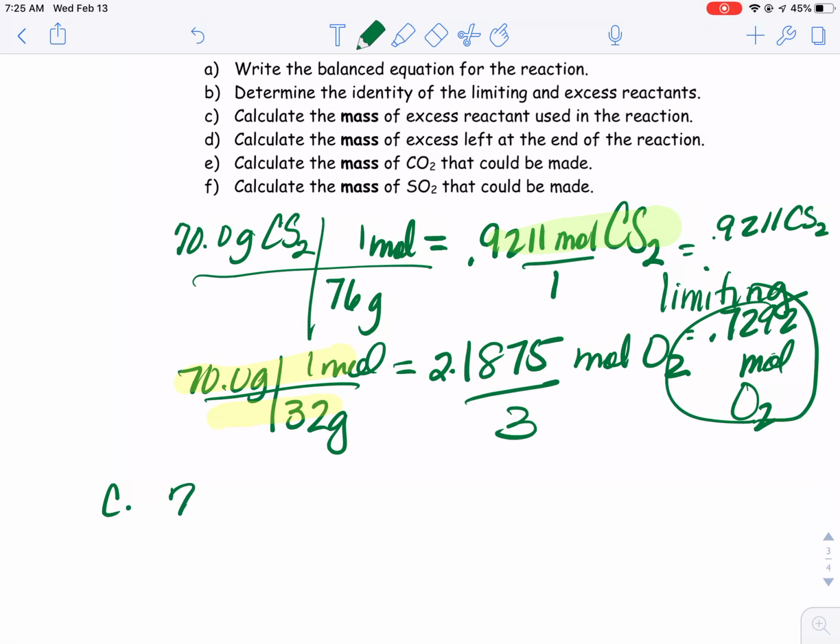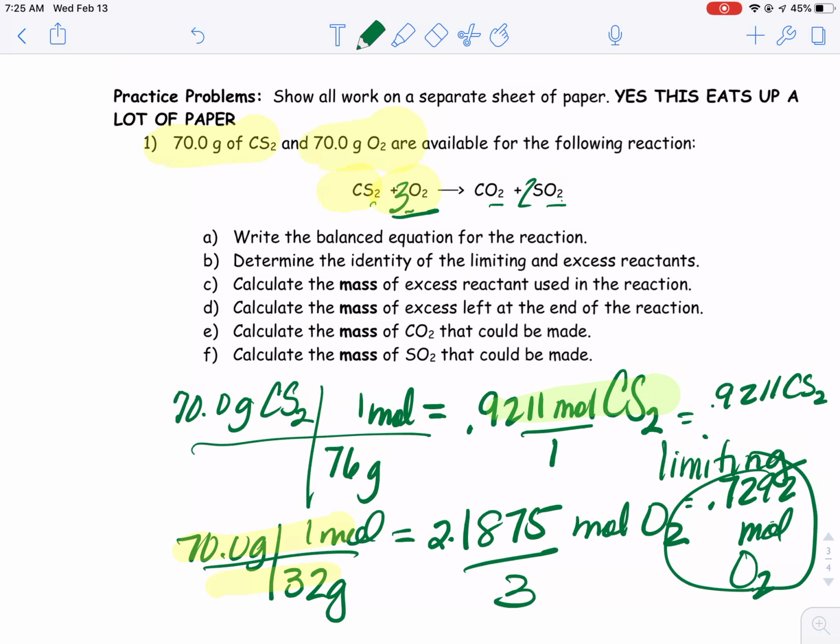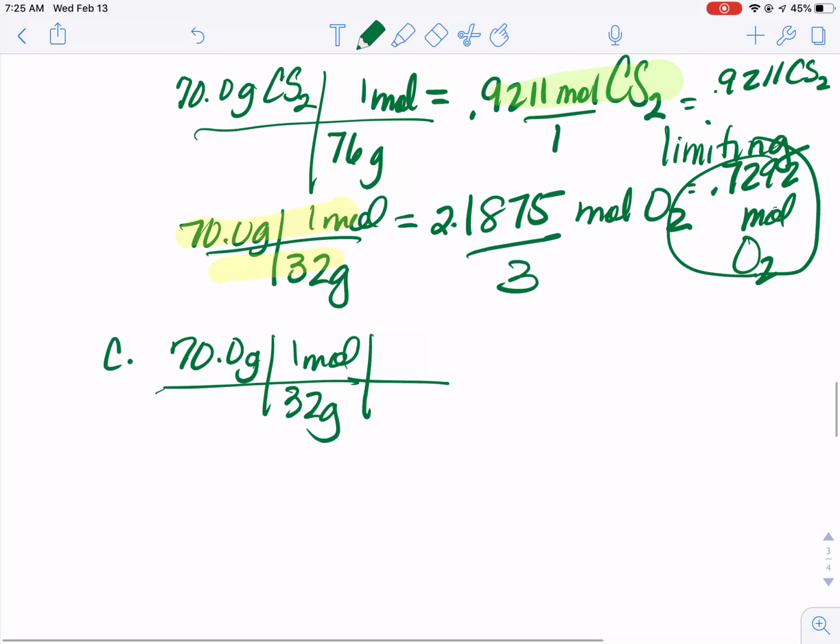So we'll start with our moles of oxygen. 70 grams of oxygen divided by 32 grams in 1 mole. The next step then is to look at our ratios. We have 3 oxygens for every 1 carbon disulfide, 3 moles of O2, 1 mole of CS2.